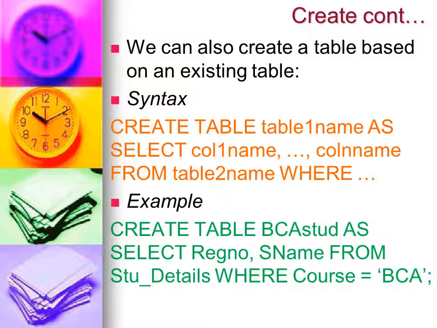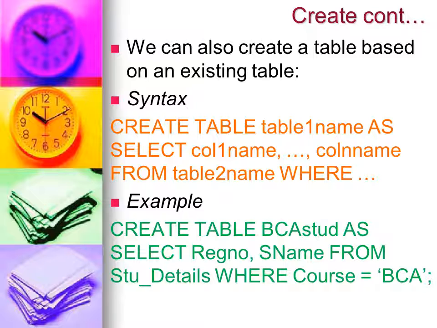We can also create a table based on an existing table. Syntax for that is create table table1 name as select column1 name, comma, we can specify any columns which we want to create now, from table2 name where some condition.